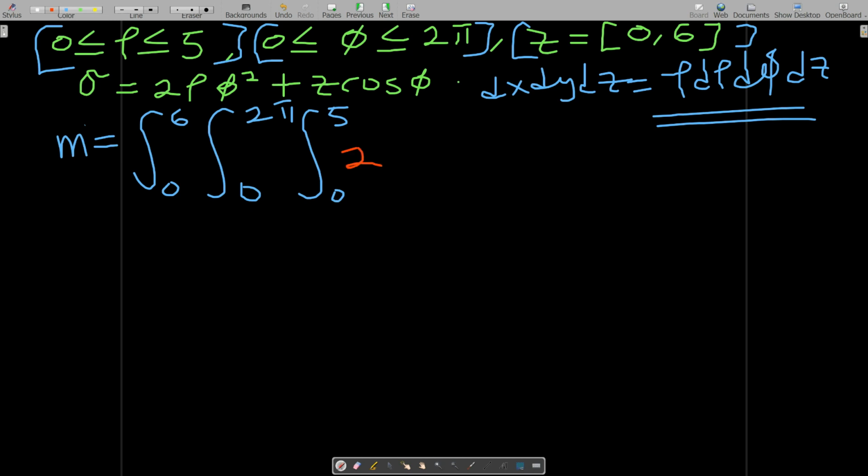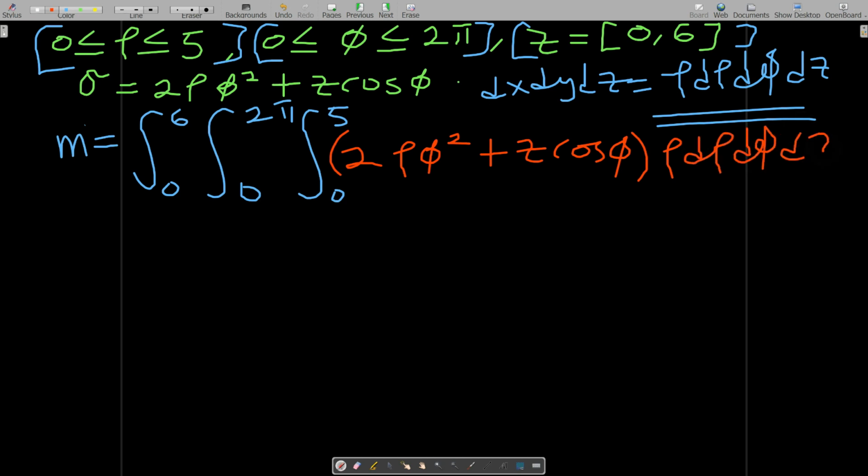Oh, sorry, I used lambda previously because I've been using lambda for the density. Here the density is in terms of sigma, okay. So it's 2 rho phi squared plus z cos phi, then the dx dy dz is what? Rho d rho d phi dz, okay.